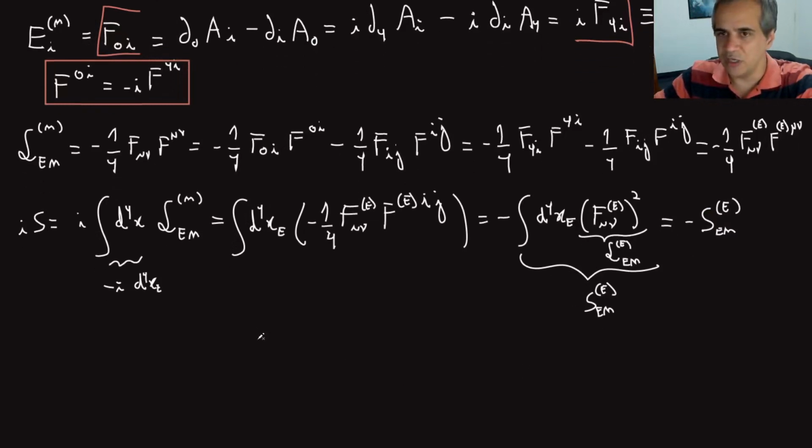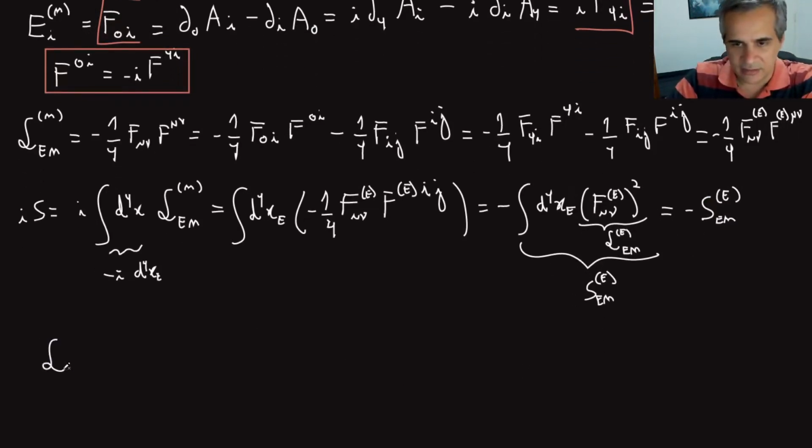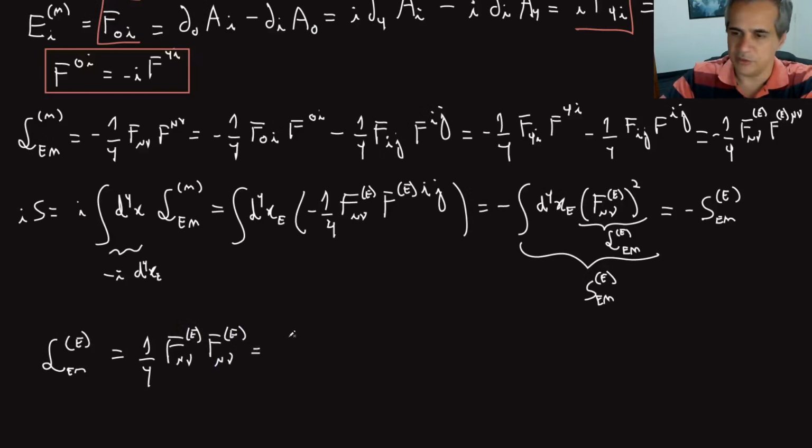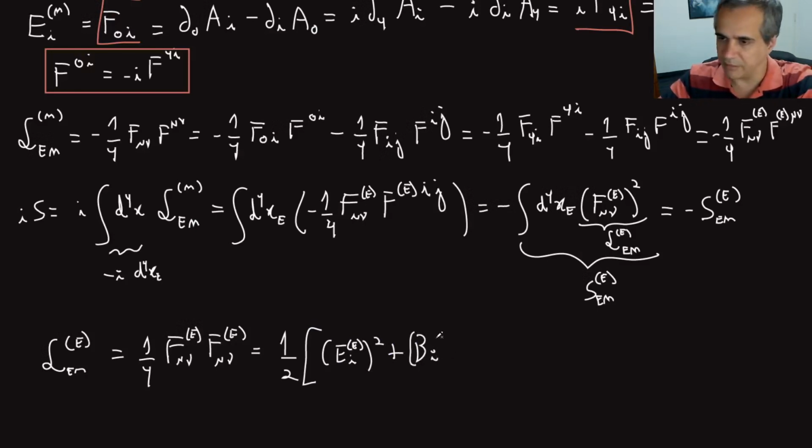You can also see pretty easily that the electromagnetic Lagrangian density is just 1/4 F mu nu Euclidean, F mu nu Euclidean, which is just half of the sum of Ei Euclidean square plus Bi, the magnetic field in the Euclidean space, square, right?